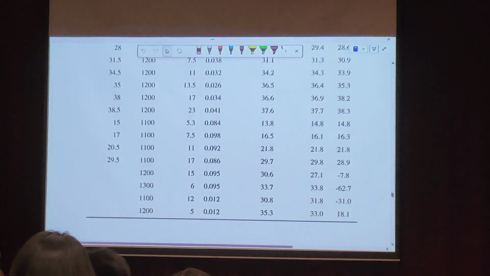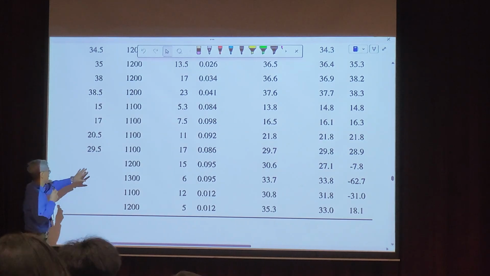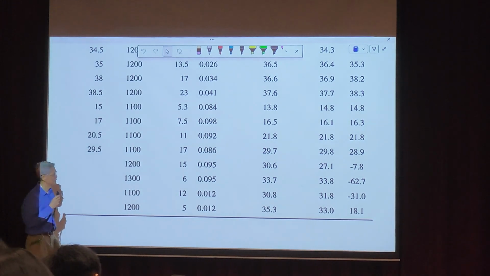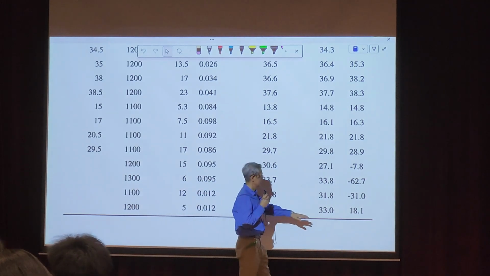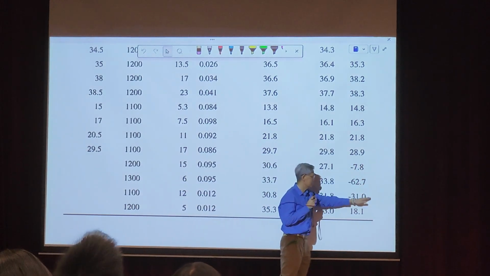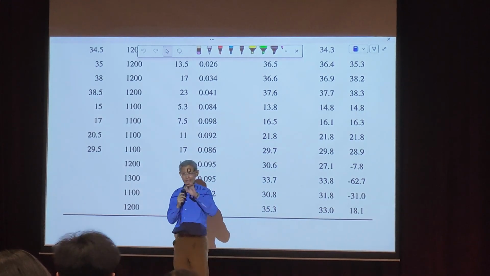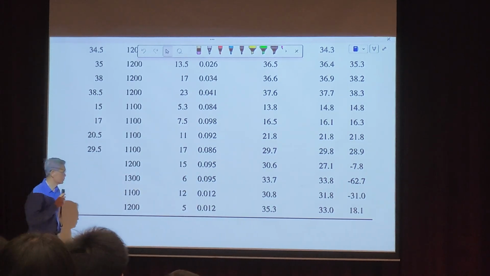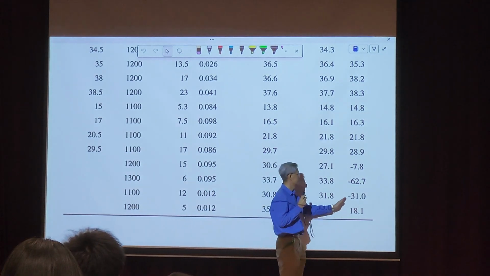Outside the range, there's no data because no experiment was done. This is ordinary least square, the predicted conversion. As I say, the conversion cannot be a negative number. So ordinary least square performed poorly.